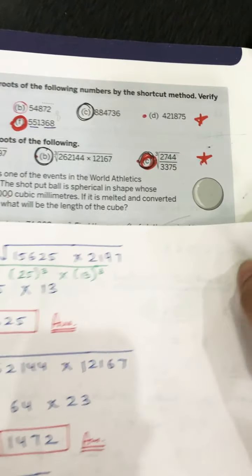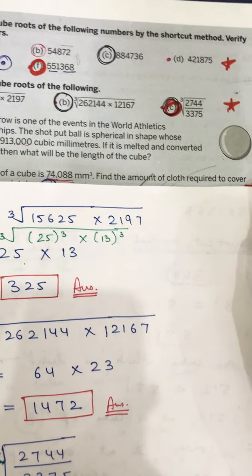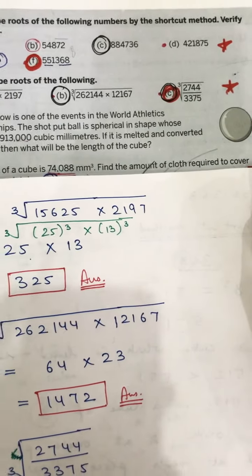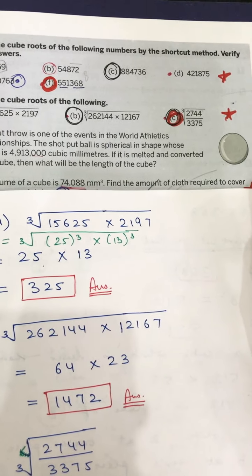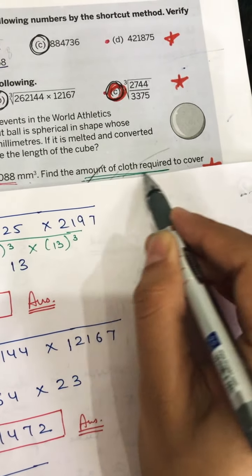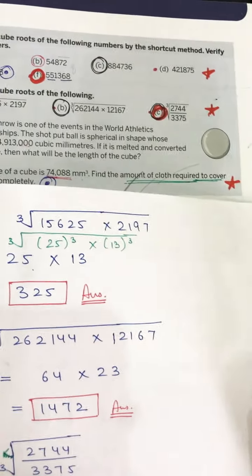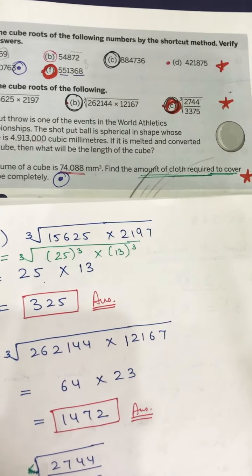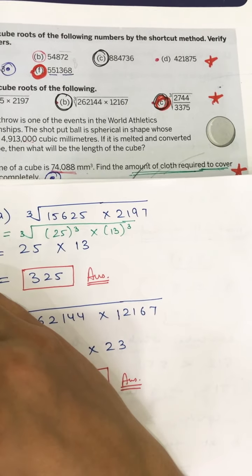Whenever questions like this are in the paper, such as finding the amount of cloth required to cover the cube, or the amount of gift paper used for wrapping that cube or cuboid, you have to find the total surface area. That shape may be a sphere, hemisphere, cube, cuboid, anything; in that case you have to find the total surface area.